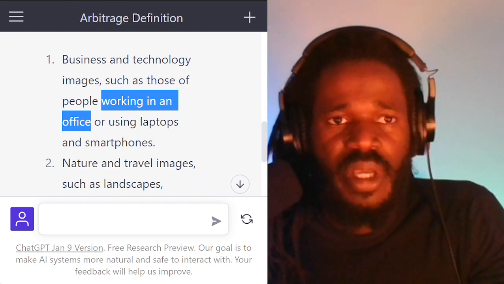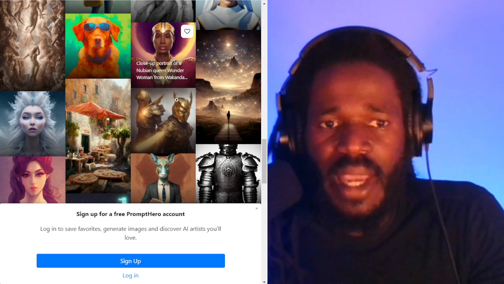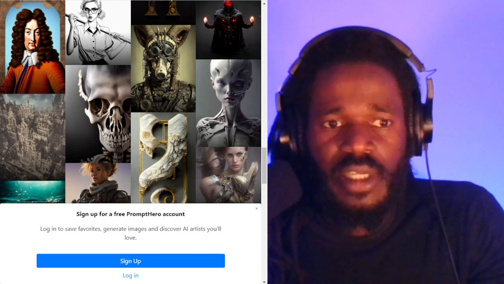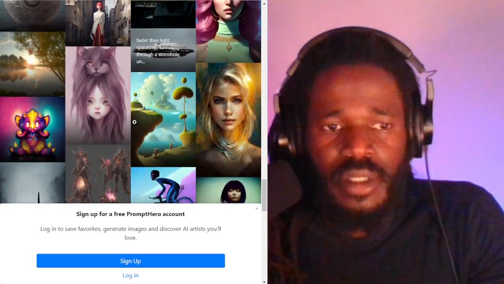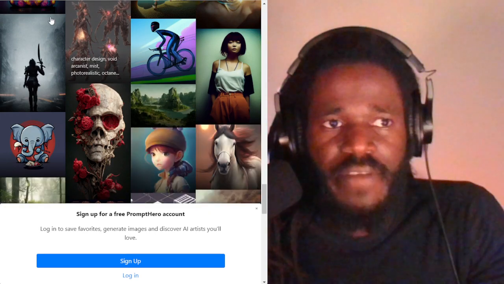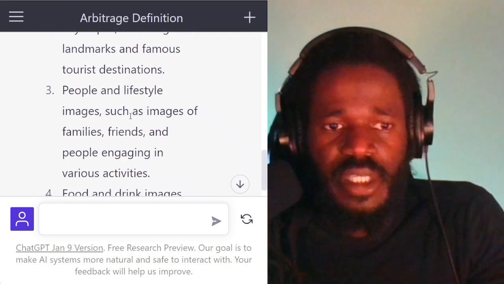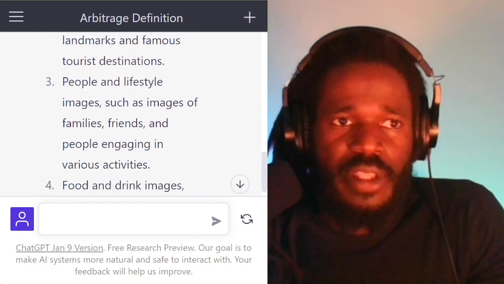Just takes a little bit of research, finding images that kind of match what ChatGPT is telling us is popular, and then just kind of tweaking the image to make it fit. Nature and travel images, people and lifestyle.